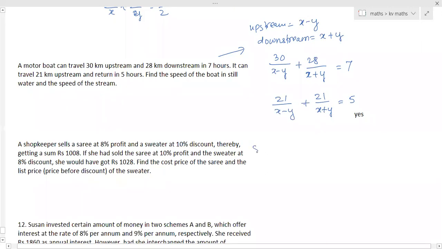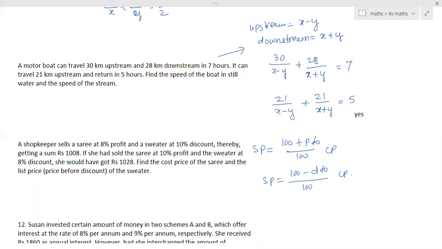In calculating SP, if it is a profit, 100 plus profit percent by 100 into CP. But if there is a discount, then 100 minus discount percent by 100 into CP. So the discount value you have to subtract.